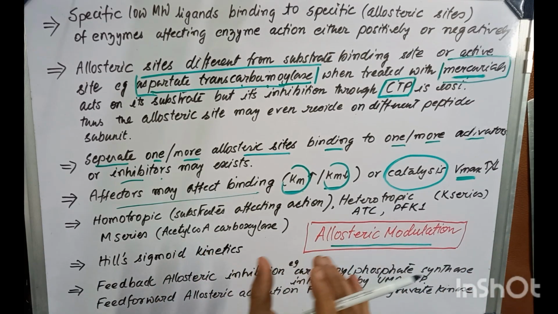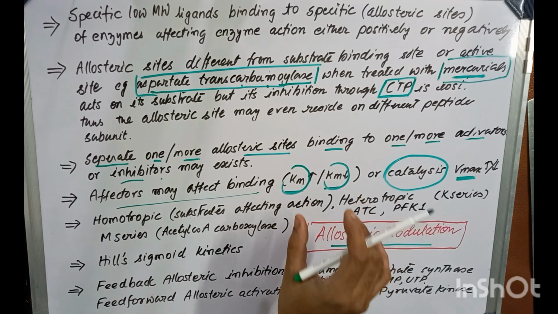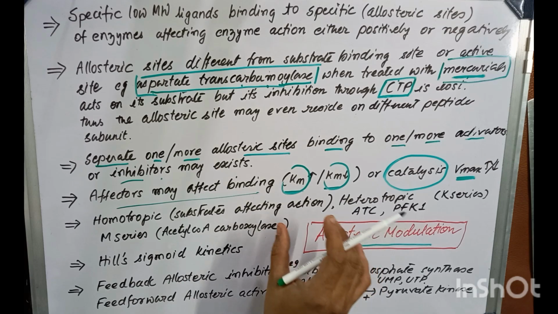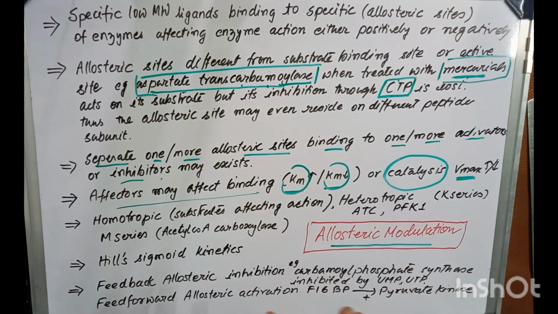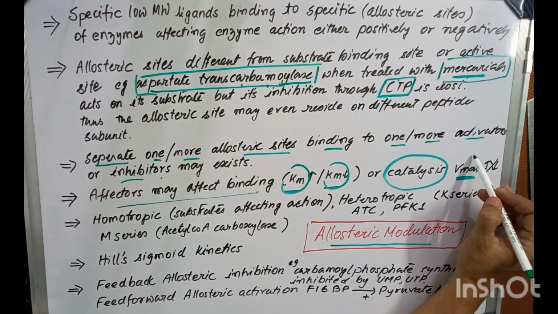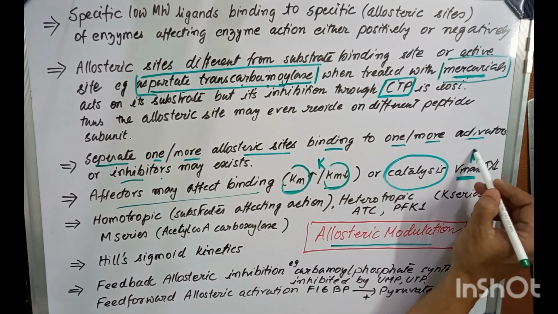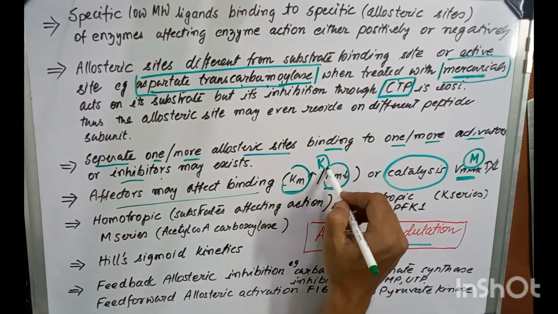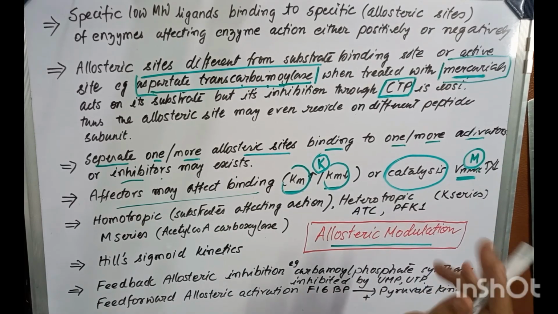These kinds of effectors which change the Km are called K series of allosteric enzymes. There are different examples of K series and of M series of allosteric enzymes, where M series are where Vmax is affected. Those modulators which change the Vmax of the reaction belong to the M series.